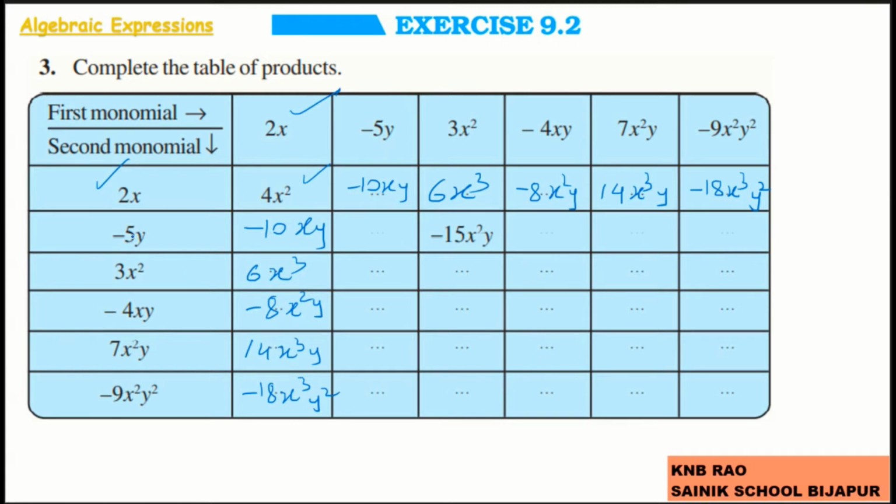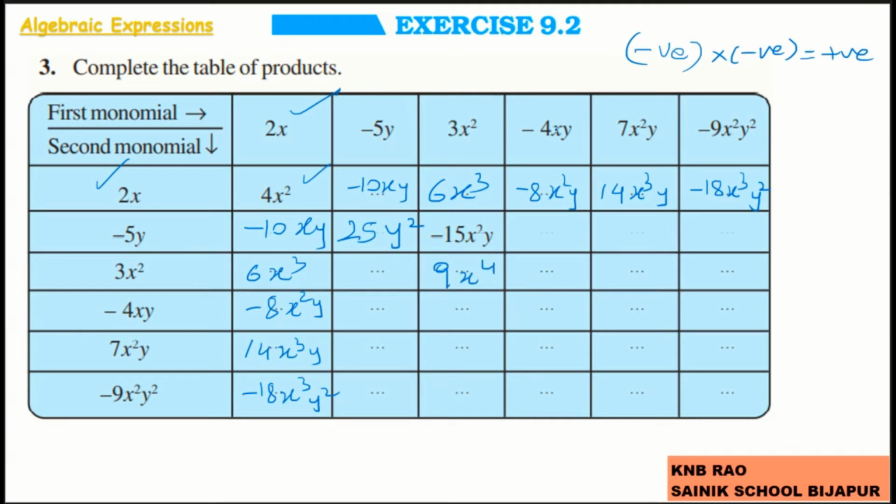So I'll do only the diagonals, which are important ones. Minus 5y into minus 5y is plus, because negative multiplied by negative gives a positive result, so 25y square. Next, 3x square into 3x square gives 9x to the power 4.